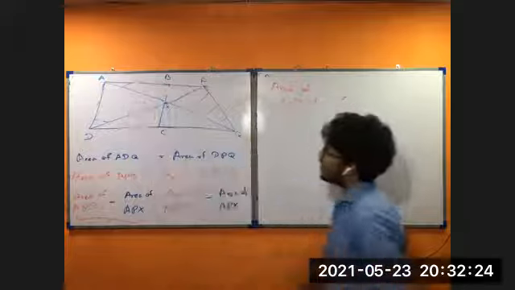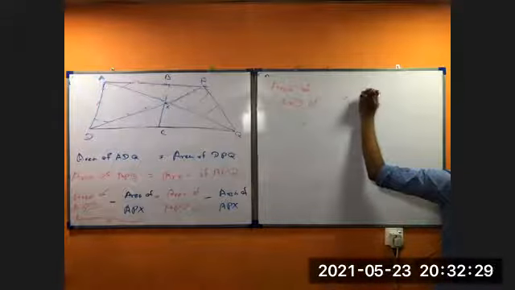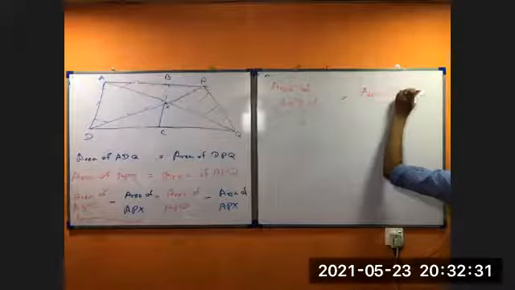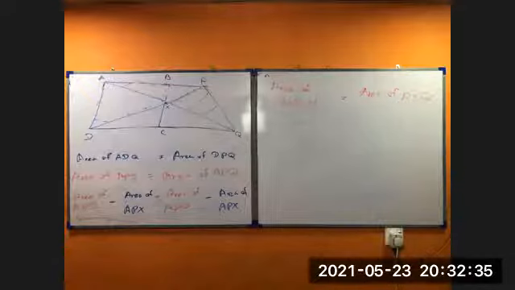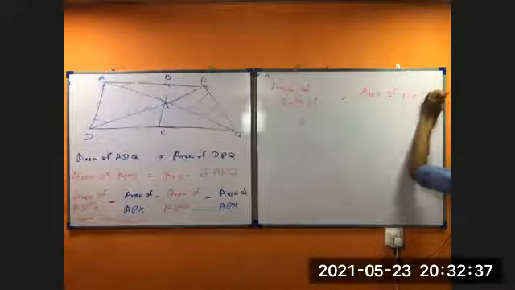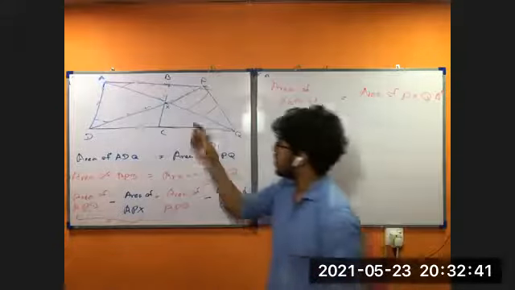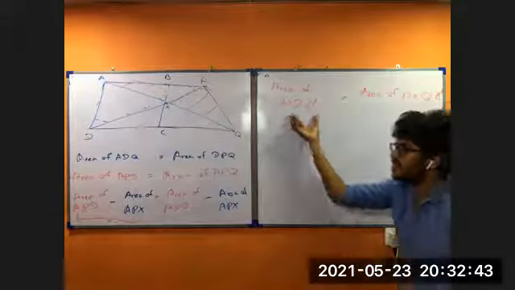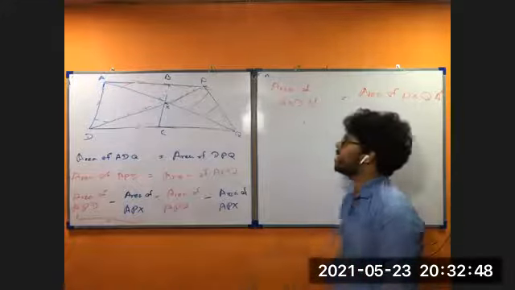So when I remove that part, what is remaining? PXQ, equal to area of PXQ triangle. So now I know, look here, area of AXD triangle is equal to the area of PXQ triangle.